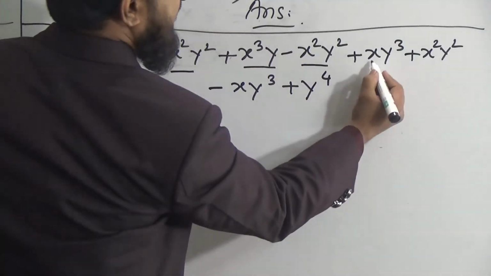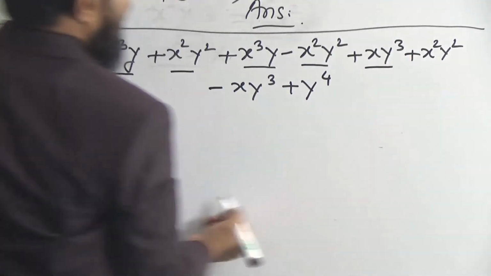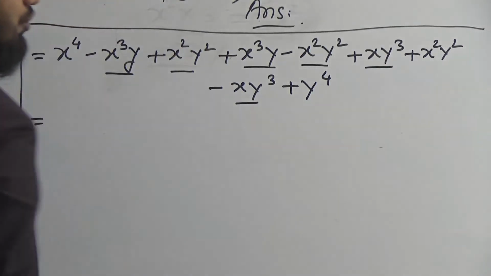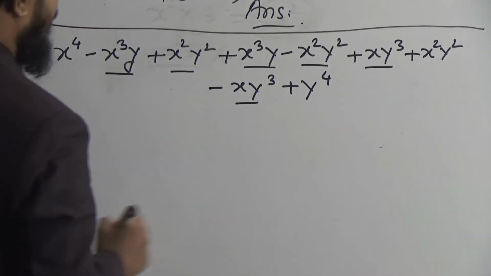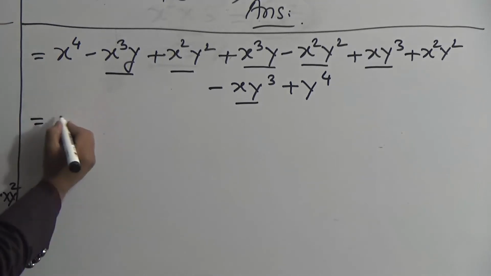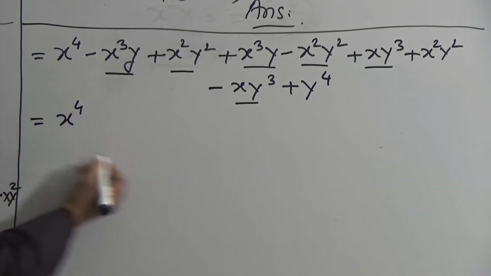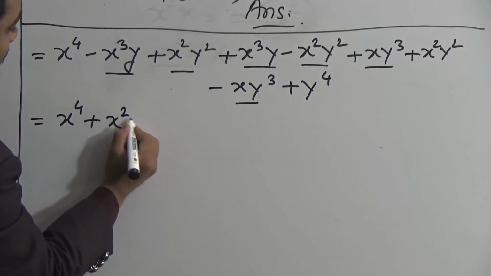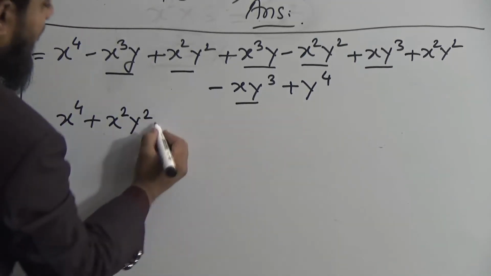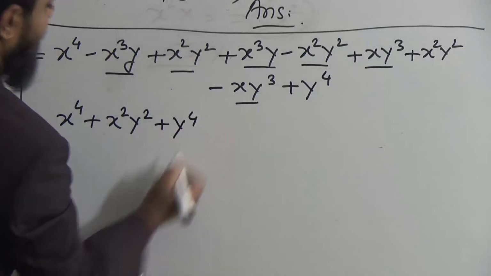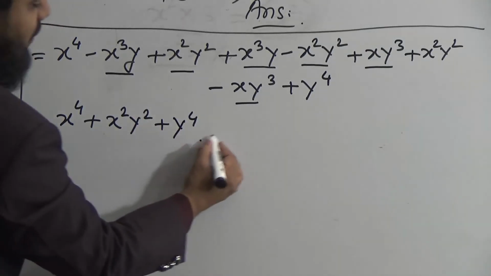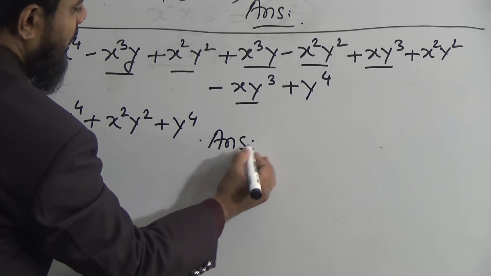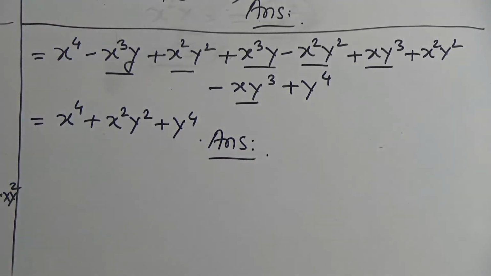Now xy cube has a plus sign before and xy cube has a minus sign before, so we can also omit these two. Now we will have only x to the power 4 plus x square y square plus x square y square, then plus y to the power 4. This is our required result of the two polynomial expressions multiplication.